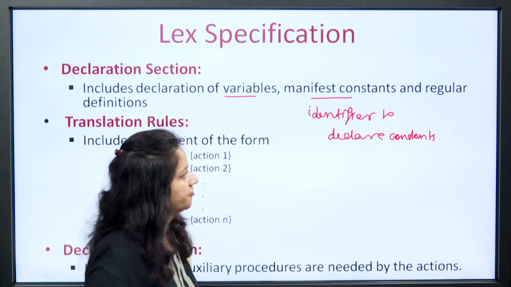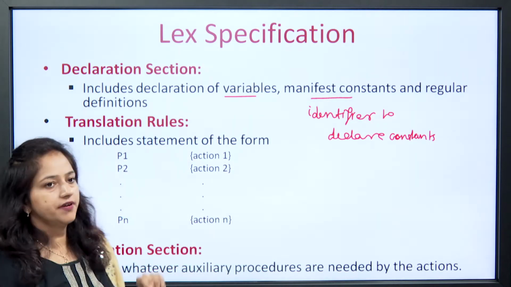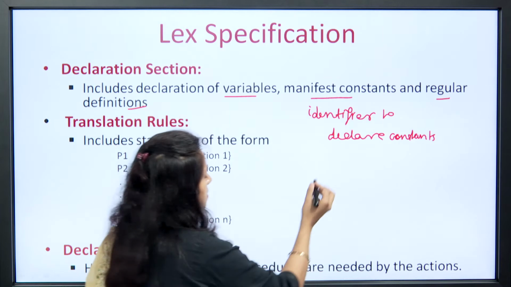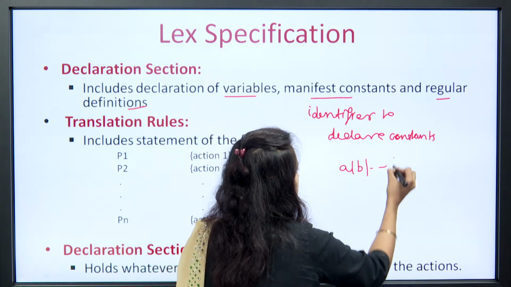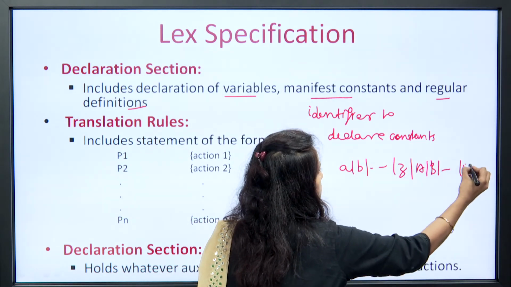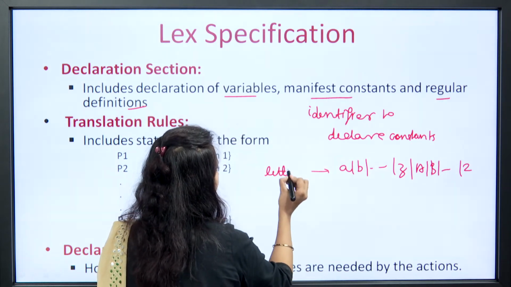For example, name of token. So, we may have manifest constants or regular definitions. Regular definitions, as we talked in previous lecture, suppose we have a, b up to z, then capital A, capital B up to Z, and to this we can assign a variable that is letter.